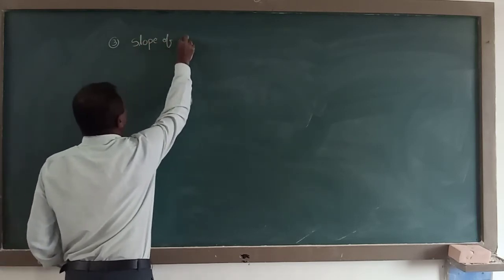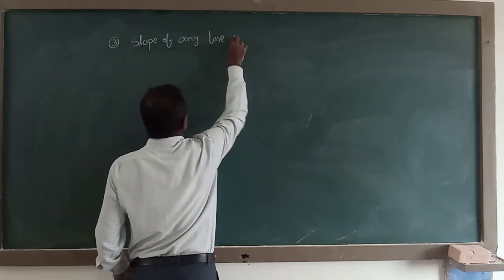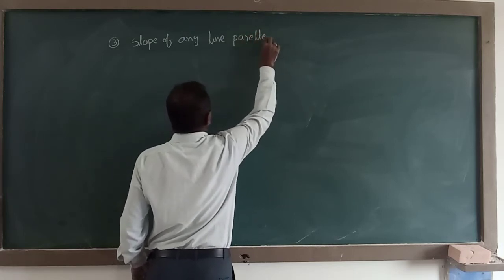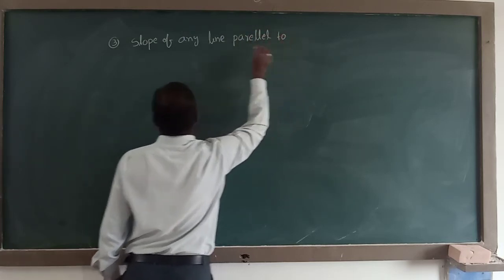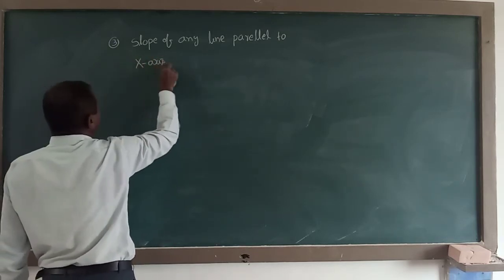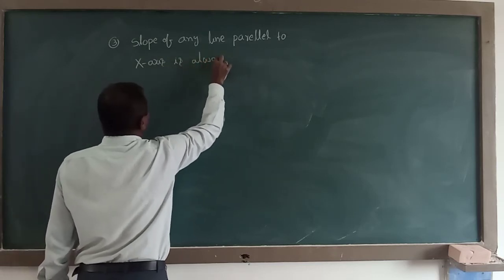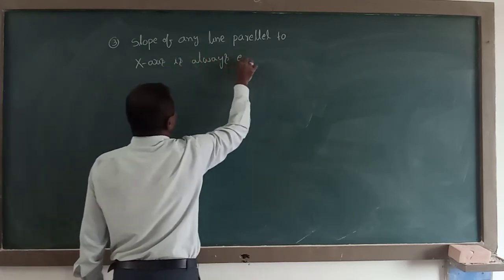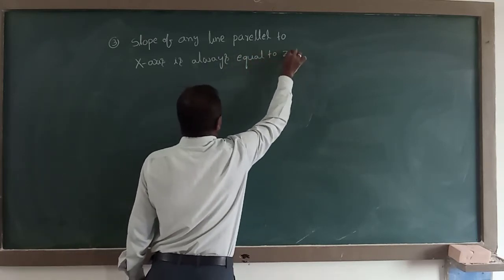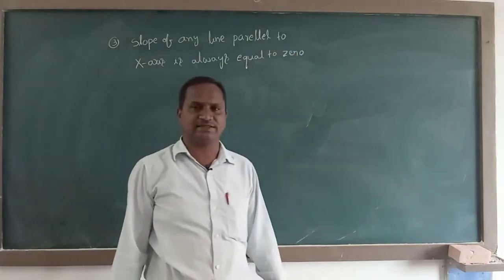The slope of any line parallel to the x-axis is always equal to 0 here.